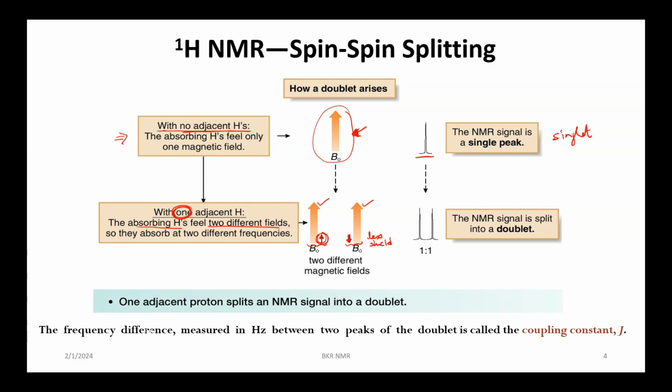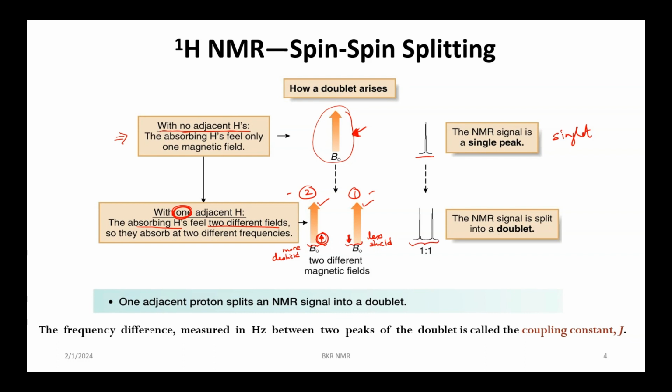The second is aligning with the external field, so the field felt will be more, and that will result in deshielding. So the proton in question will experience two different fields, field 1 and field 2. This is a lesser field and this is a higher field. So I'll be having two different fields around me. Therefore, I'll be split into two signals.